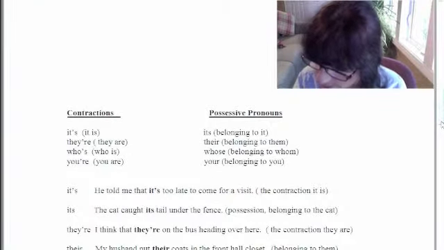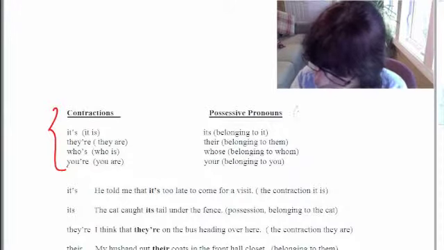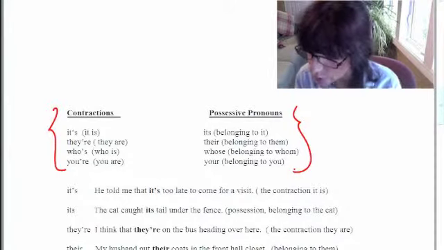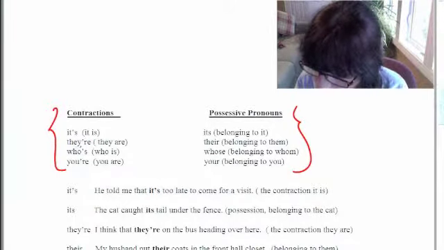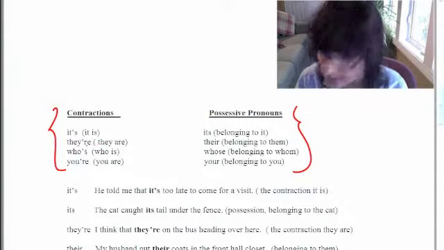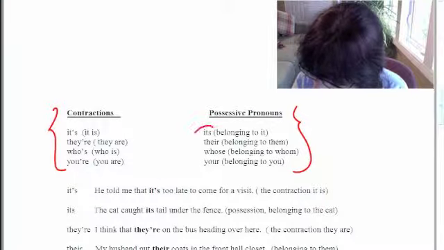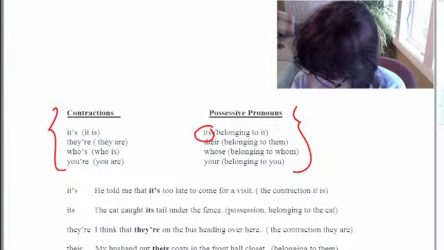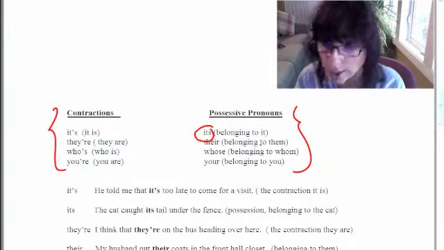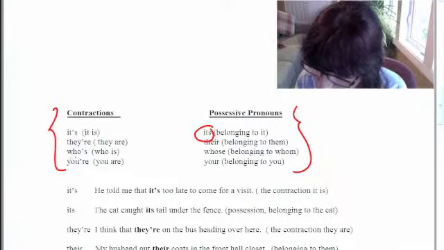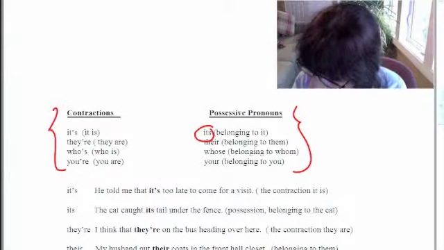I've given you a list of contractions as well as possessive pronouns. Let's look at the difference in these two lists. The contraction it apostrophe s means it is, but its without the apostrophe is a possessive pronoun and it means belonging to it. They apostrophe re is the contraction they are.